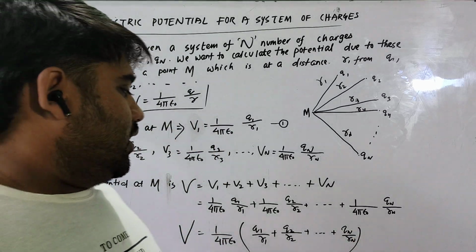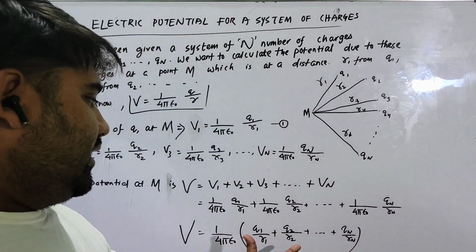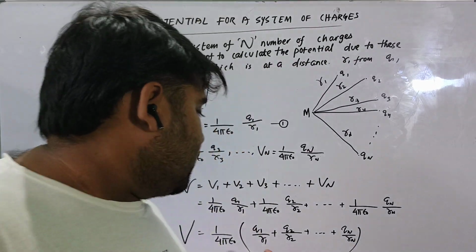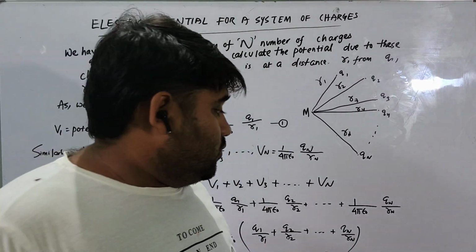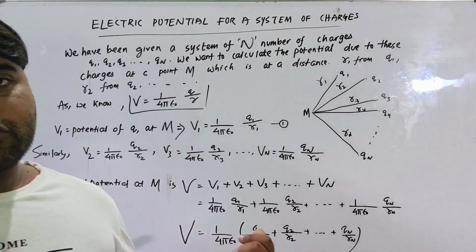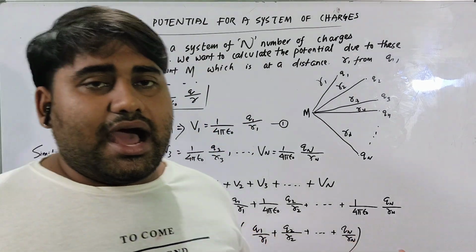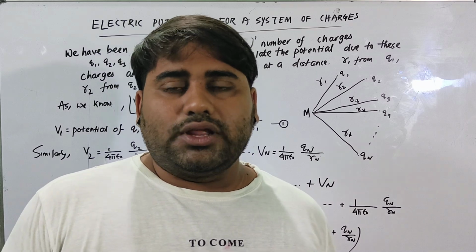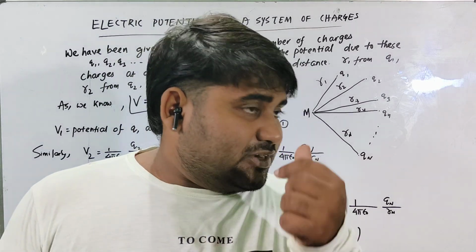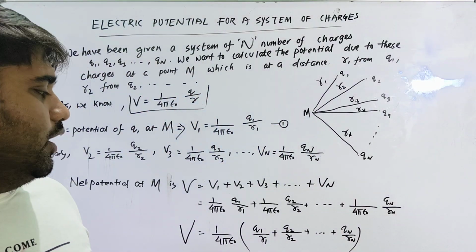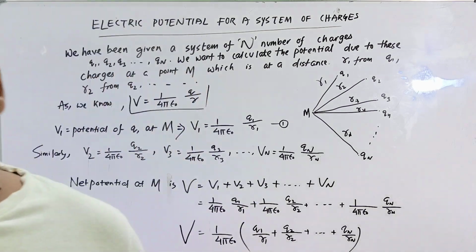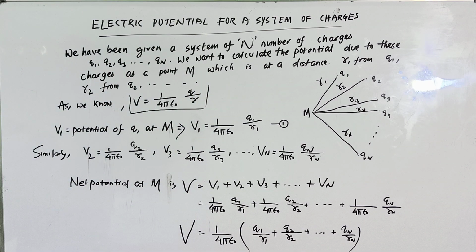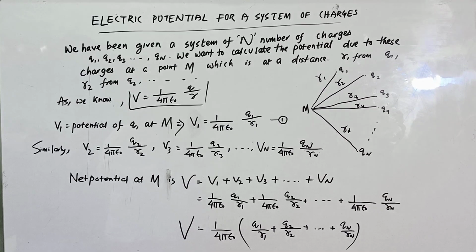Now, in order to make it compact, if there are 10 charges, we cannot write q1 by r1 plus q2 by r2 plus q3 by r3 and so on up to q10 by r10, because it will take a long time. We are going to introduce something new that will make the equation more compact.